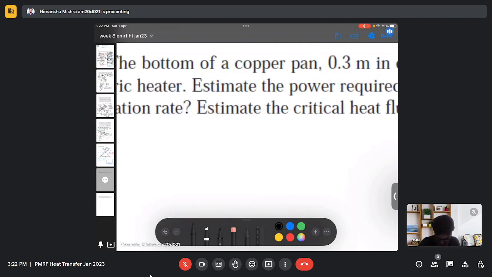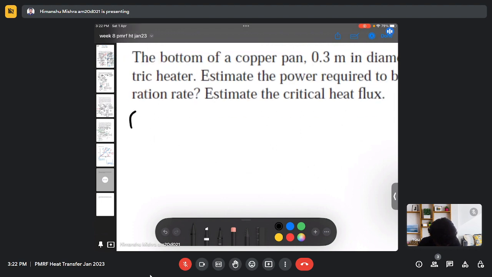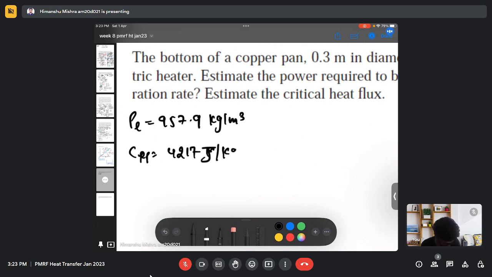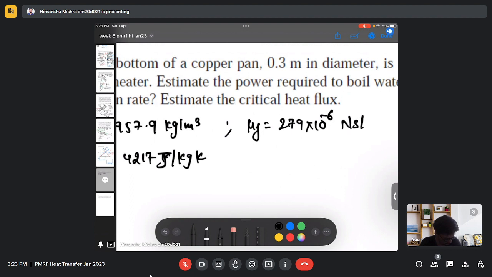So let me write down the properties of the fluid. My density of the liquid is 979.9 kg per meter cube. Specific heat of liquid is 4217 joule per kg Kelvin, and my viscosity of fluid is 279 times 10 to the power minus 6 Newton second per meter square.